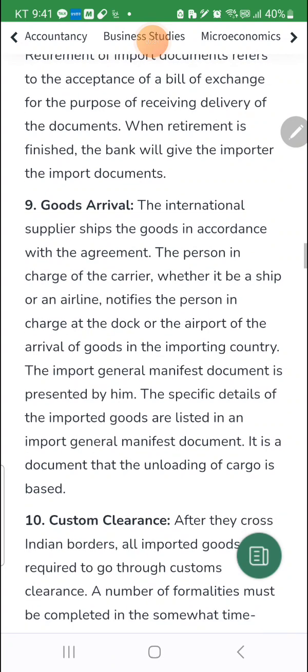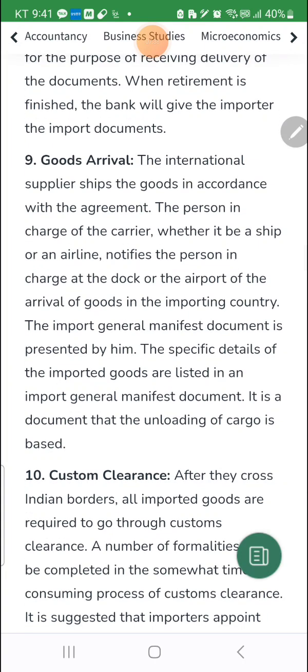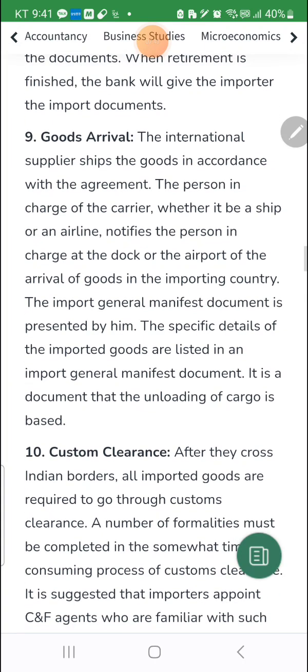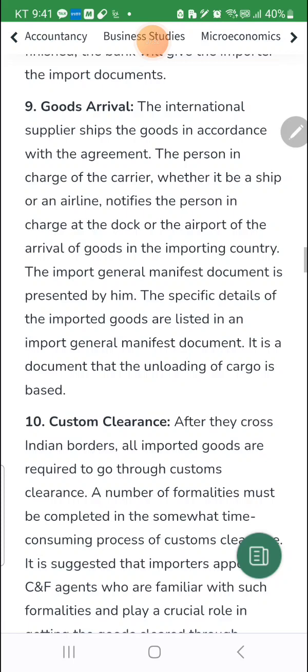9. Goods arrival. The international supplier ships the goods in accordance with the agreement. The person in charge of the carrier, whether it be a ship or an airline, notifies the person in charge at the dock or at the airport of the arrival of goods in the importing country.